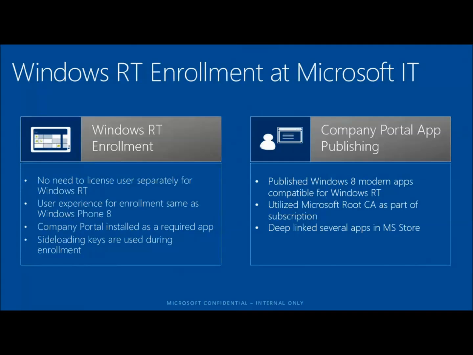Okay. And let's see how we did the company portal app publishing, and the company app portal itself. How did we install, as well as how did we publish the apps? If you remember, I told that compared to Windows Phone 8 apps, we got many WinRT apps.